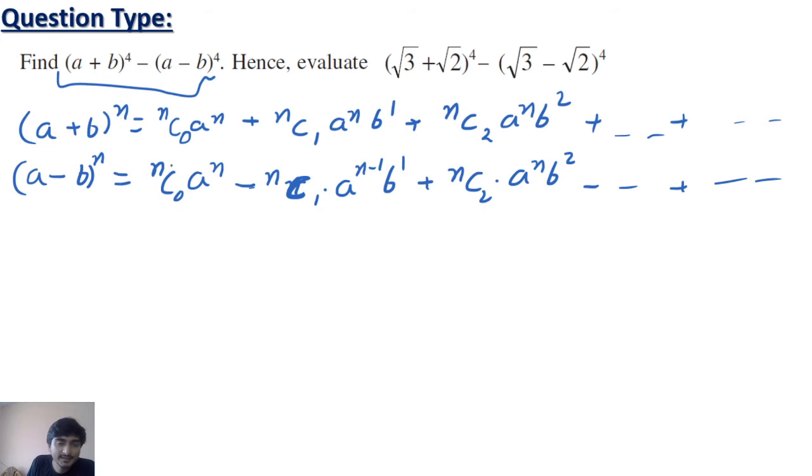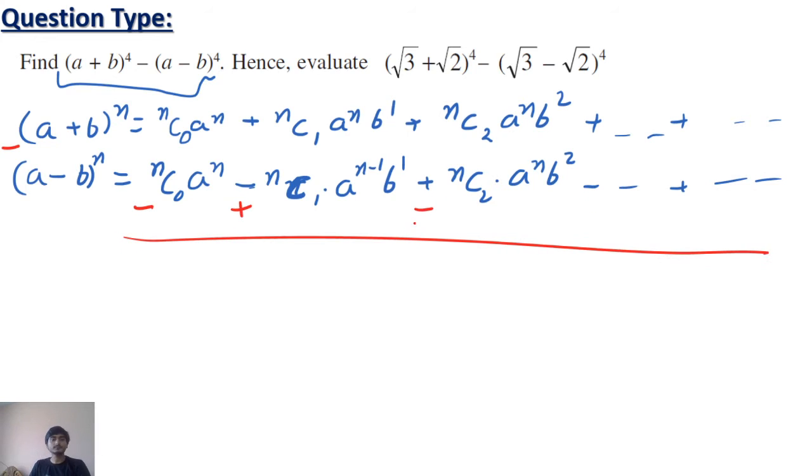So in that case, if I need to subtract these terms, (a+b) to the power n minus (a-b) to the power n, in this term what will happen, this will change, this will change, and it will keep on changing, right?